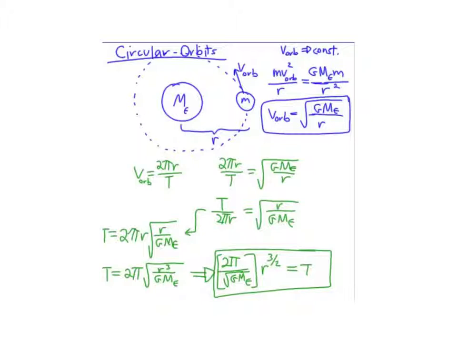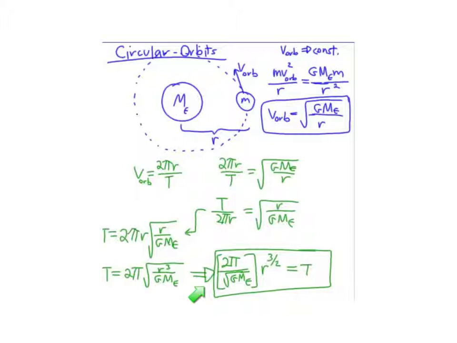Of course, for objects going in circular paths, the orbital speed or the tangential speed is equal to the circumference divided by the period. And so, since we have an expression for the orbital velocity or the tangential velocity from our F equals ma analysis, and we understand that it's also equal to the circumference over the period, then we can set 2 pi r over T equal to the square root of G times mass of the Earth over its radius, and solve for the period.